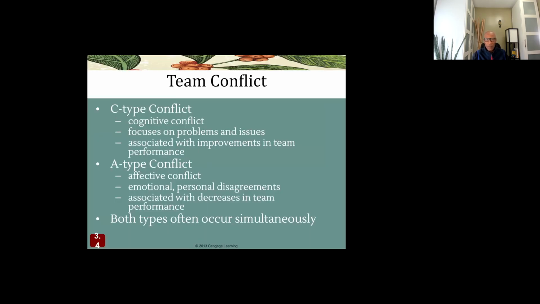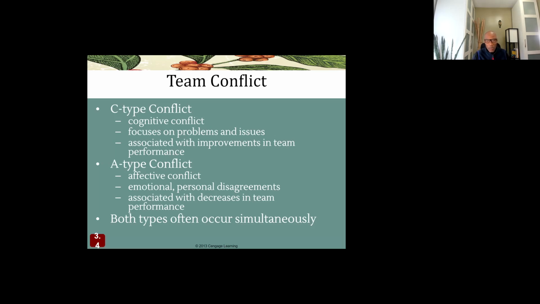Team conflict: you can have team conflicts. Typically, there's what we call C-type conflict, where people disagree with each other based on a set of principles or rules, or the problem or the issues. They're just saying, okay, this is what I'm disagreeing with.